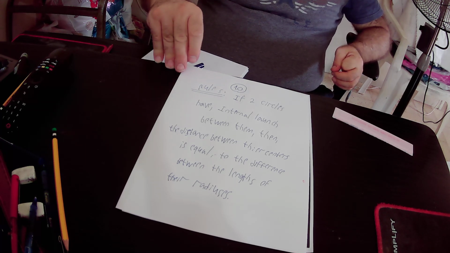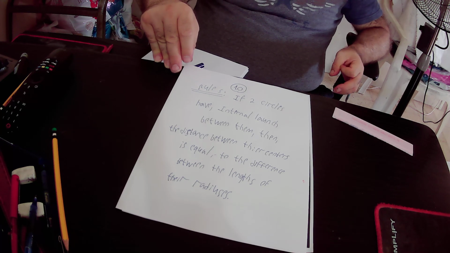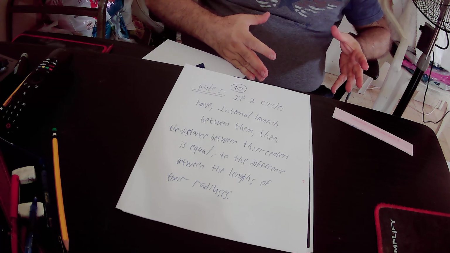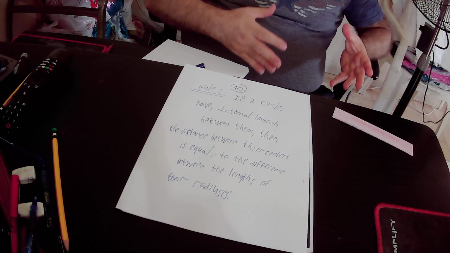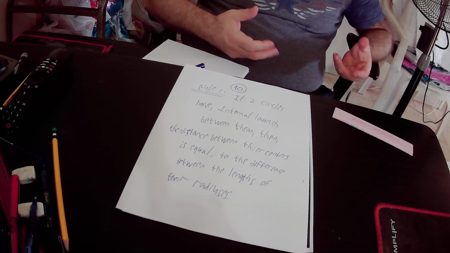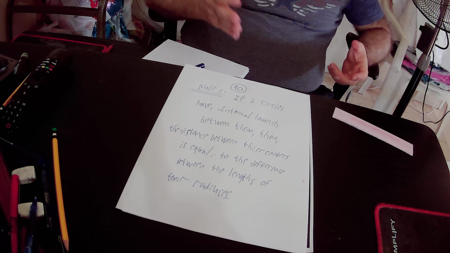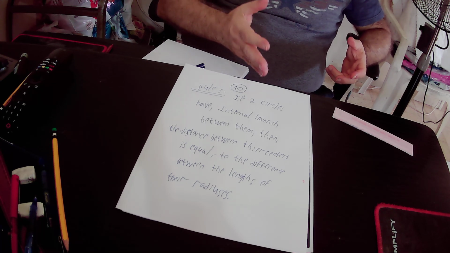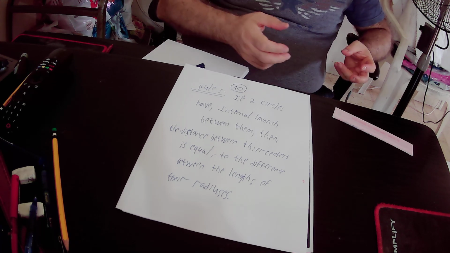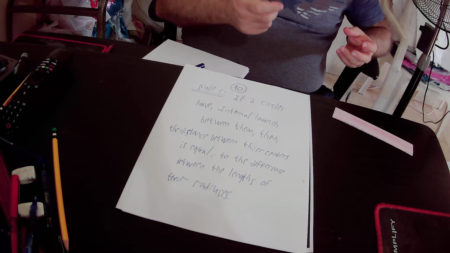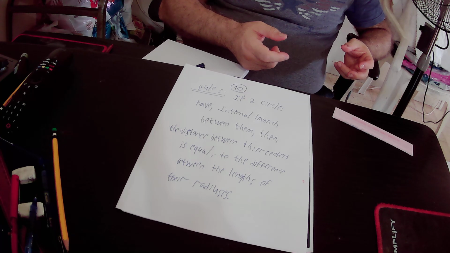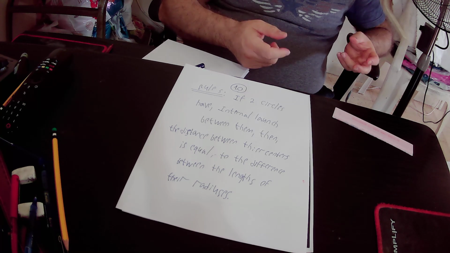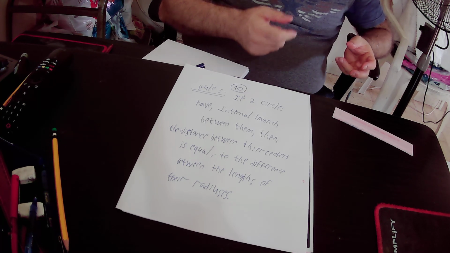So actually, if we have two circles that are touching each other internally, then according to rule number 5, the distance between their centers equals the difference between their radiuses.